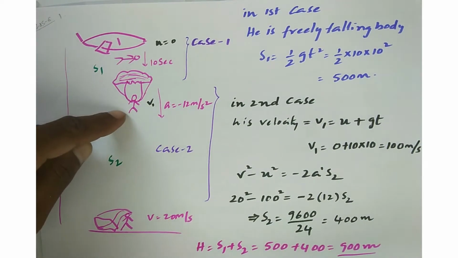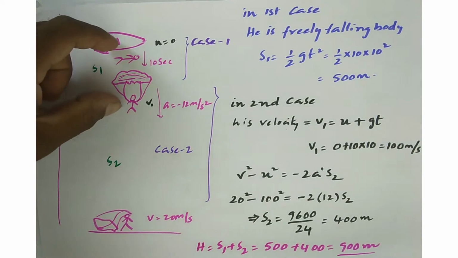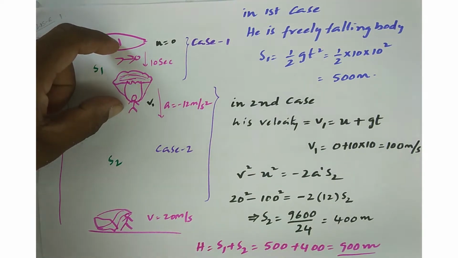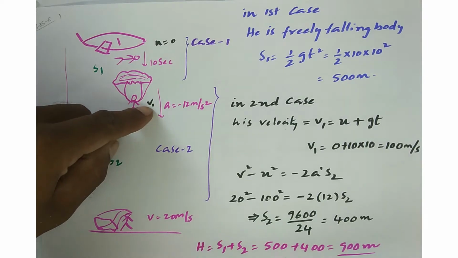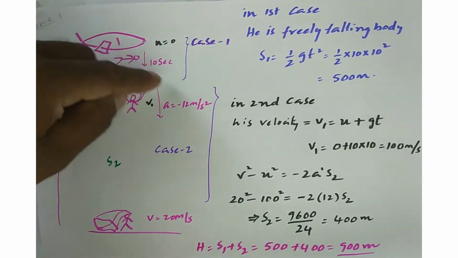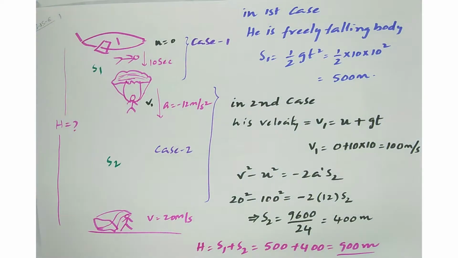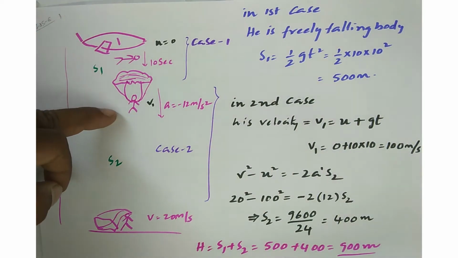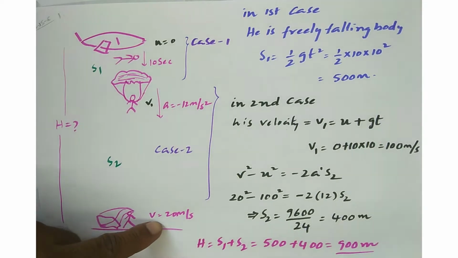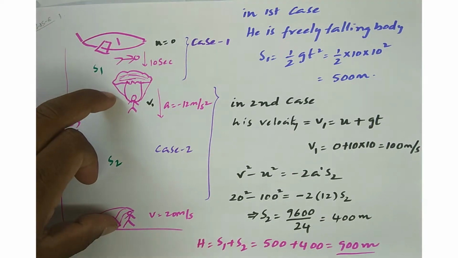We have to find that velocity. How? By using v equal to u plus gt. So if the velocity at this point is v1, u is 0 plus g times t, that is 100 meter per second. Means from 100 meter per second, his velocity reduced to 20 meter per second in this displacement.